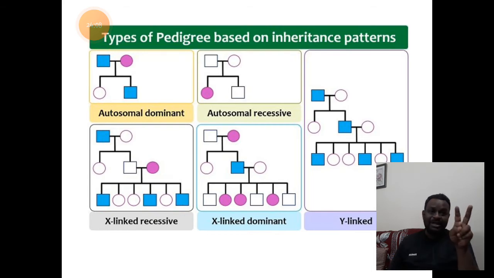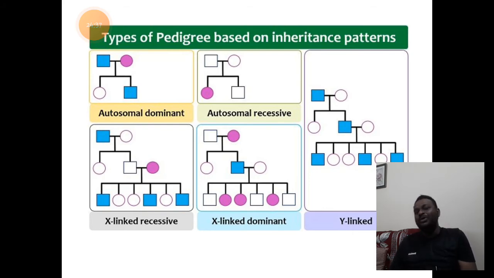The affected individuals would be expected to give birth to affected children. But we call the condition autosomal dominant when 2 affected parents give birth to normal offspring. Here in this case, the female is normal because she is not shaded. We call it autosomal dominant.